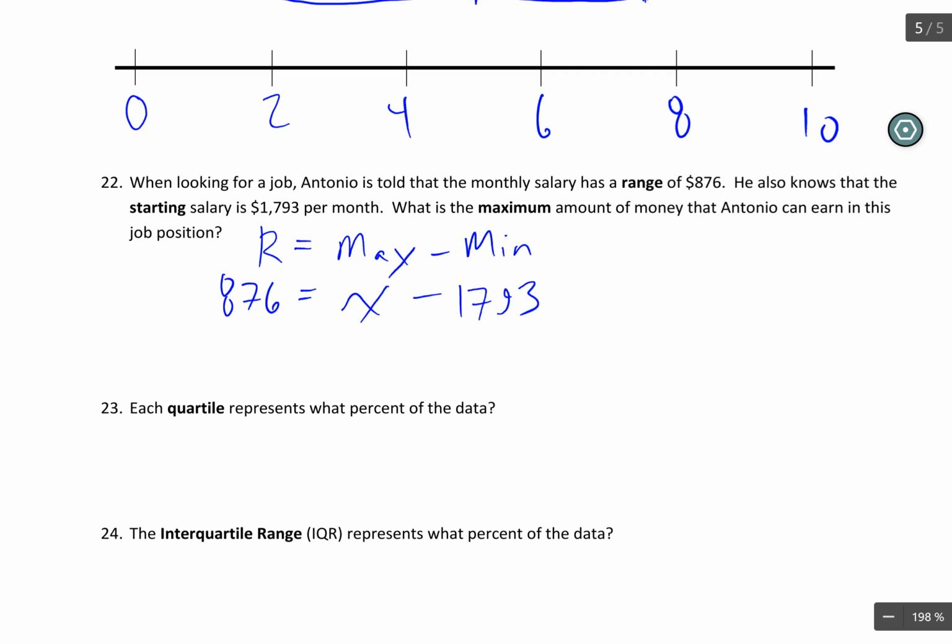So what I need to do is add, because I have x minus 1793. So I need to add 1793 to both sides. And so when I do that, I'm going to get x equals, or my maximum amount is going to be $2,669.